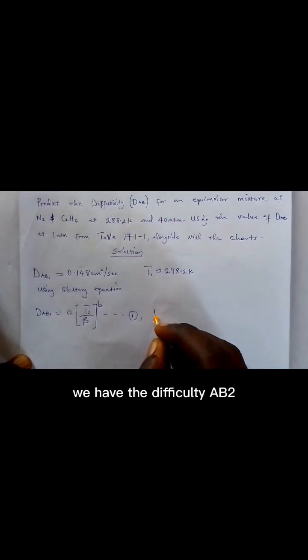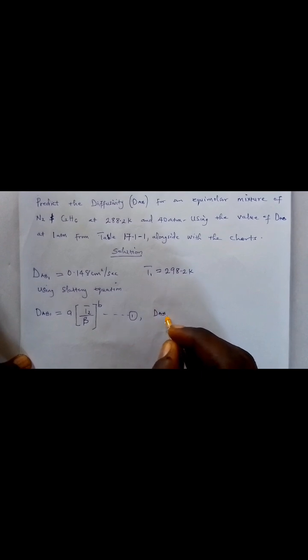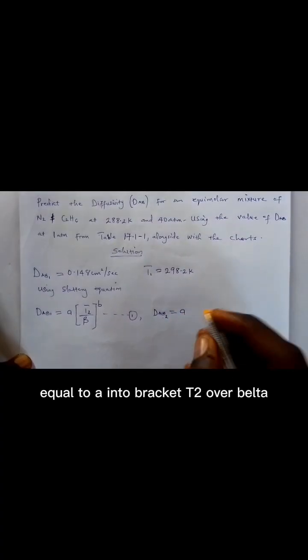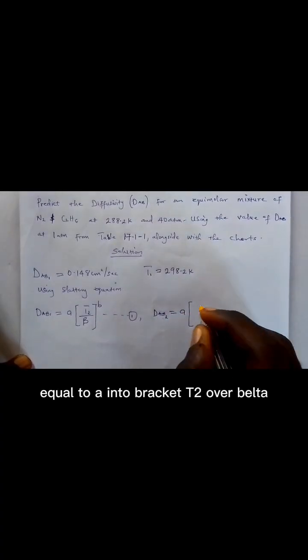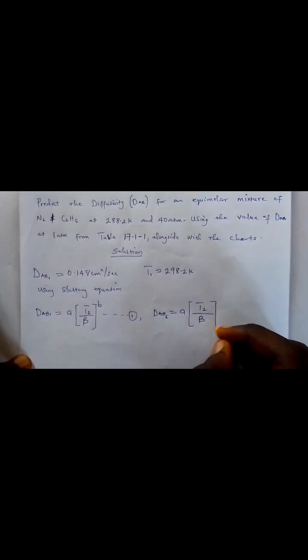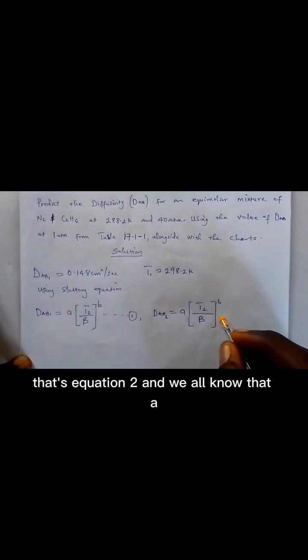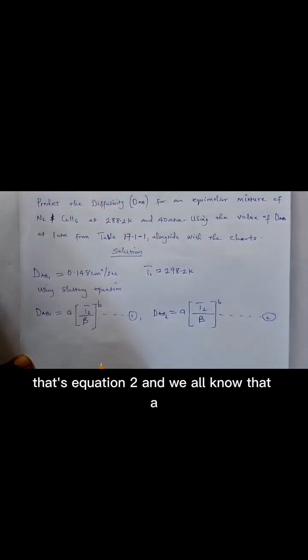We have diffusivity AB2, the diffusivity we are standardizing to at this temperature, equal to A into bracket T2 over delta all raised to power B. That is equation 2. And we all know that A, B, and delta are constants.